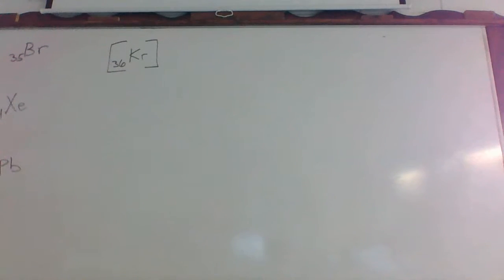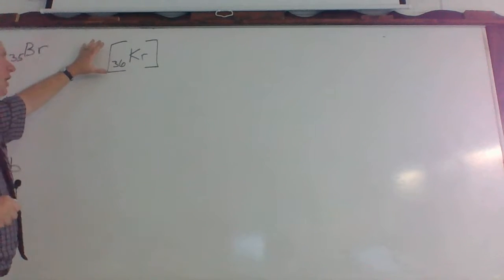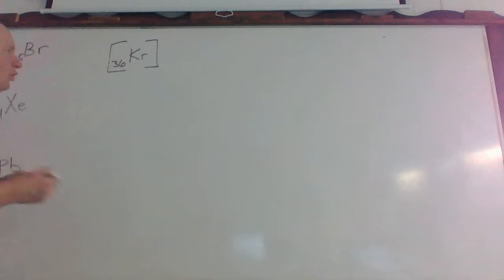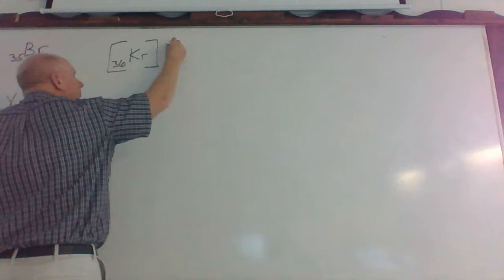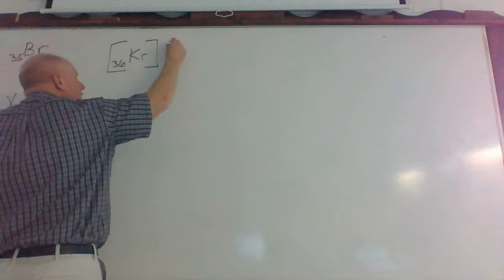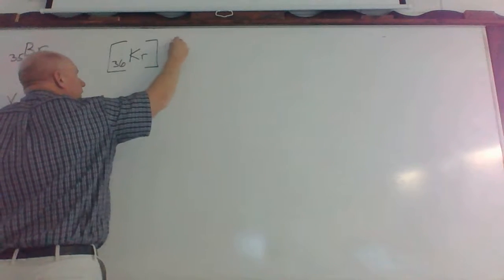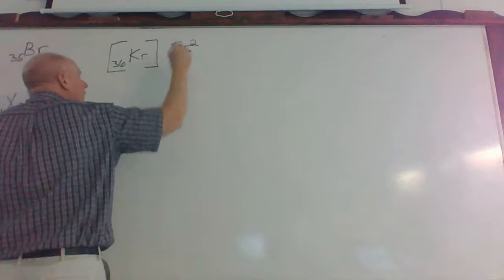Okay, so for all other elements, we can just start with the period that that noble gas is in, and you correctly said it's in the fourth one, so we begin with 5S2. Follow your slide.